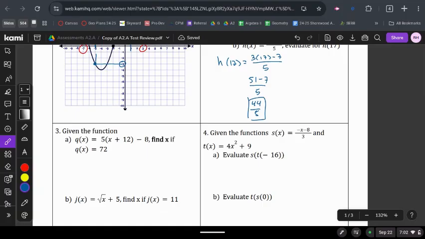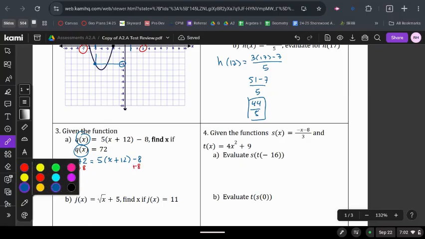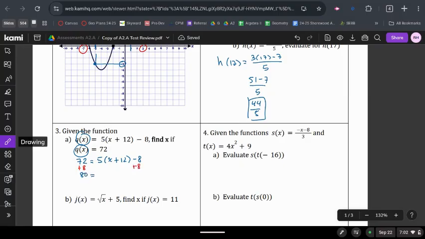For this last, the number 3, we're being asked to find when q of x is 72. So we're replacing the full left side with 72 and working our way backwards to solve for x. So we're undoing the order of operations. So I'm going to start by adding 8. And I get 80 is equal to 5 times x plus 12.